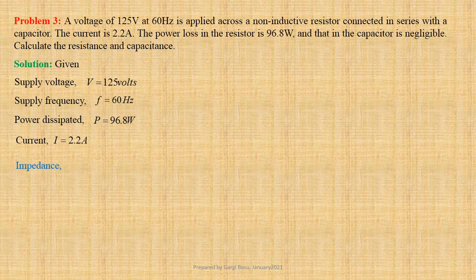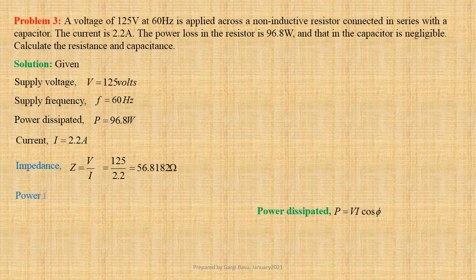Impedance Z equals V by I. Putting values we get 125 divided by 2.2, that is equal to 56.8182 ohm.